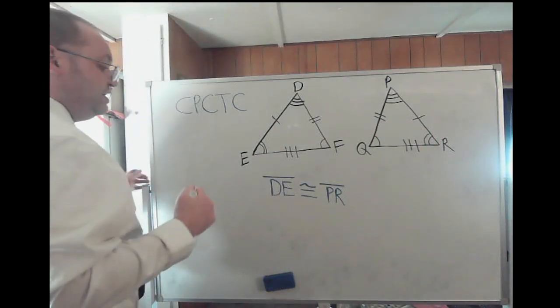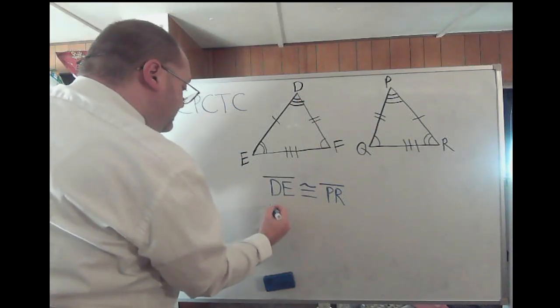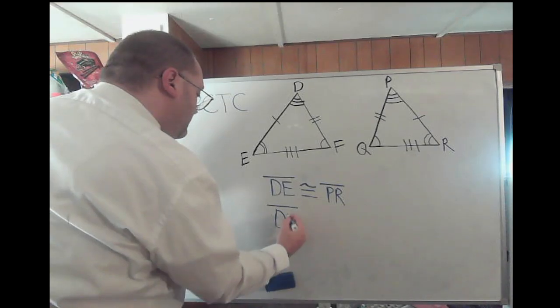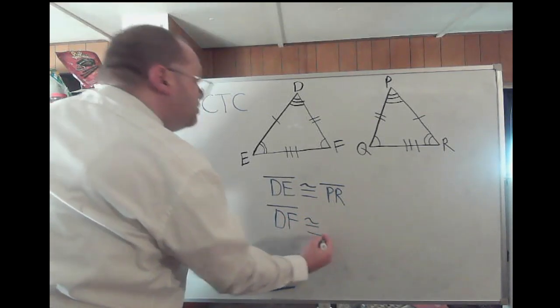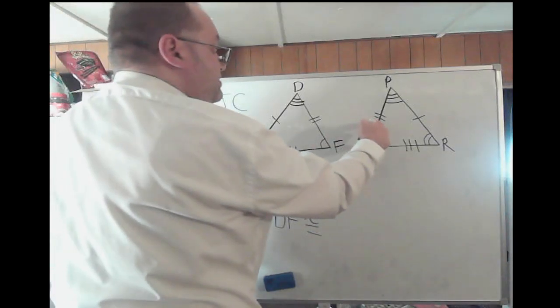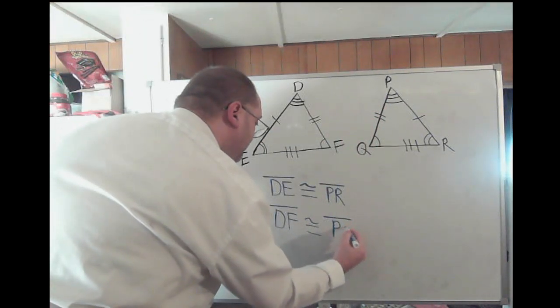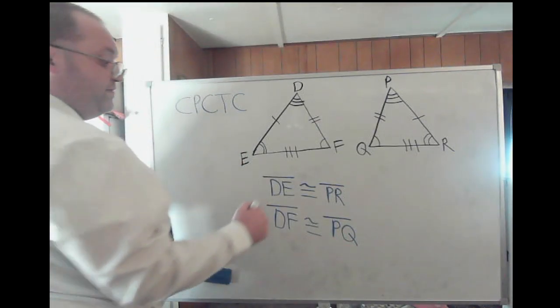What else? Let's go for the 2 tick marks. So that means line segment DF. Line segment DF is congruent to, let's find the 2 tick marks on this triangle, line segment PQ. Alright, then last but not least, let's go for the 3 tick marks.